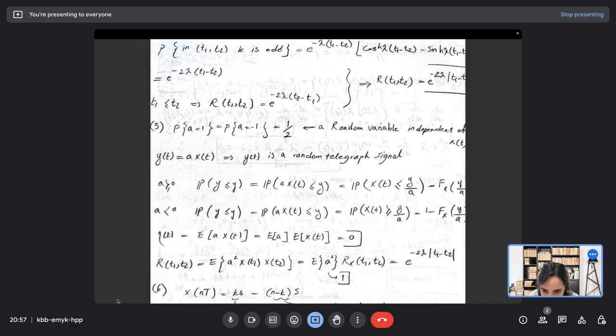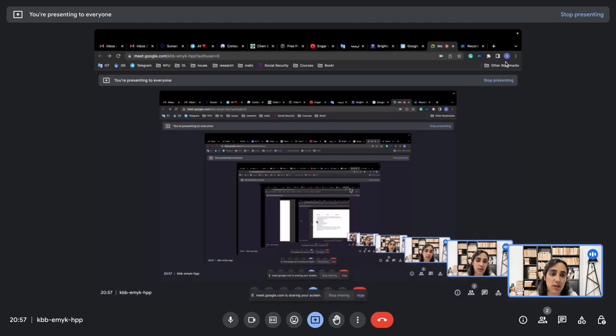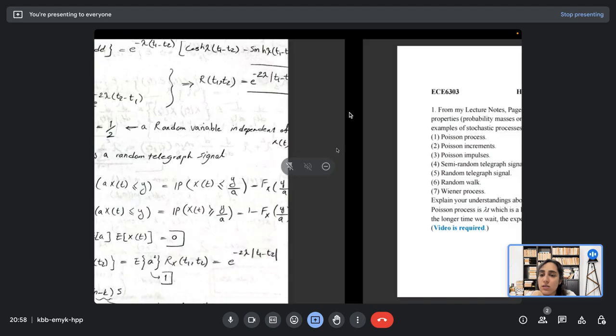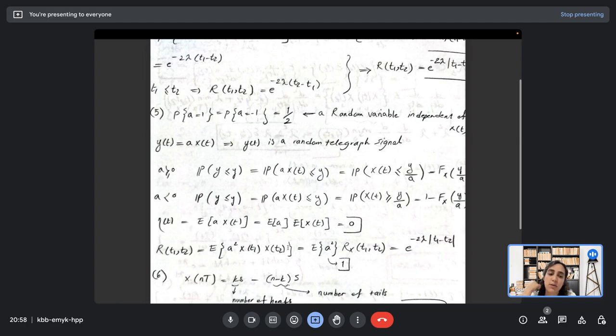And for the last thing, we should calculate the autocorrelation for y of t. Yeah. Okay, so we should calculate the expected value of a to the power of 2 times x of t1 and x of t2 again.